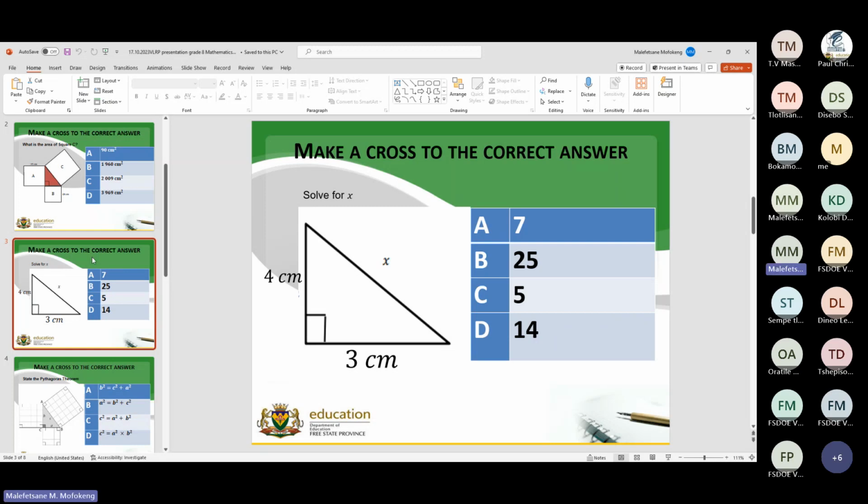In order to find the value of x, which is the hypotenuse, you need to square the side of 4 centimeters, which gives us 16, and add the square of the other side, 3 centimeters, which is 3 multiplied by 3, giving us 9 centimeters squared. Then you add them together and find the value of x. There are 4 possible answers that you're supposed to give.